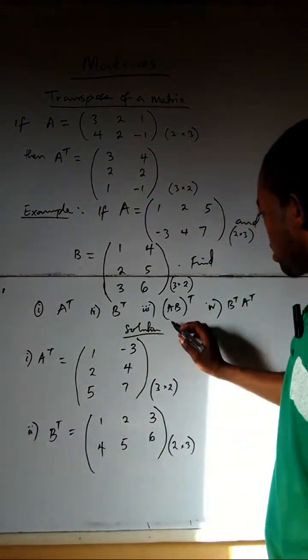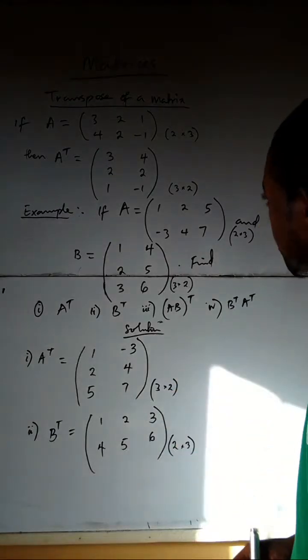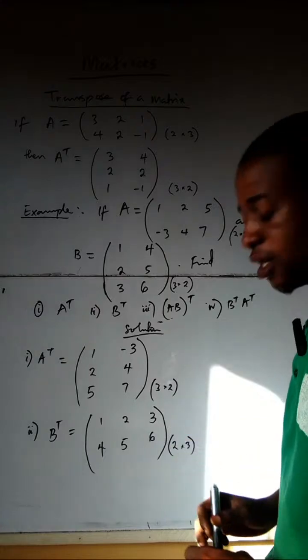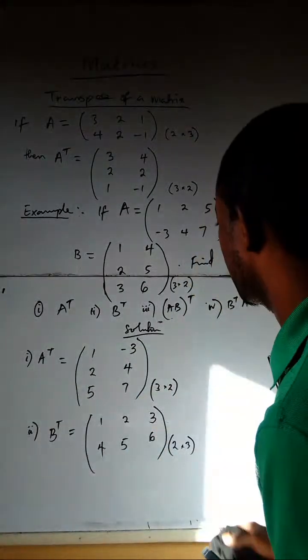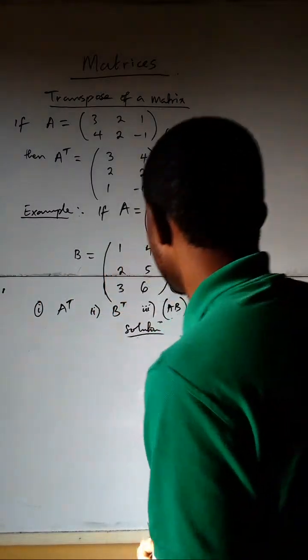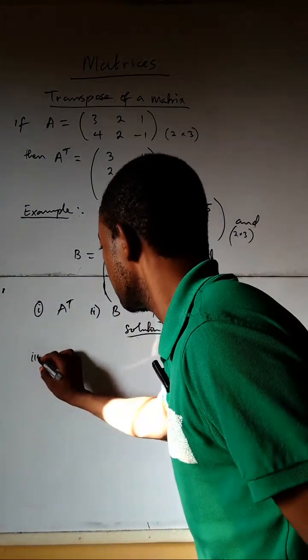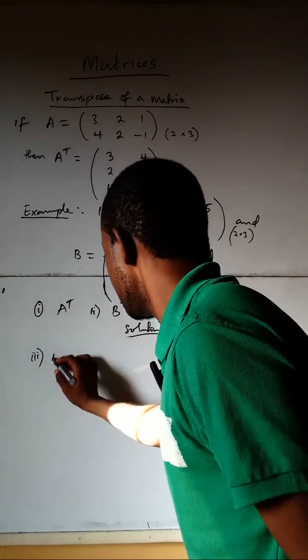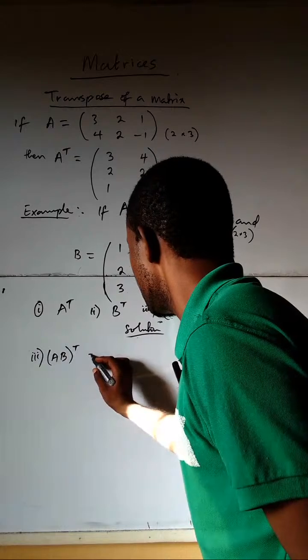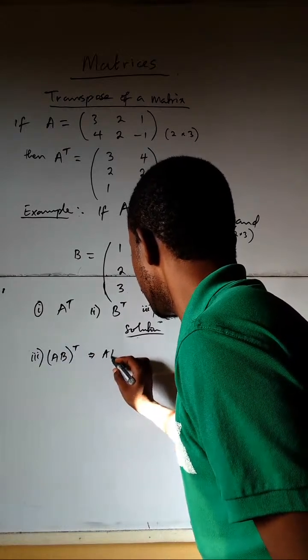Now let's look at the third question here. We first find A times B, then we find the transpose. Now, from here, number 3, A times B transpose. First thing here, let's find AB.